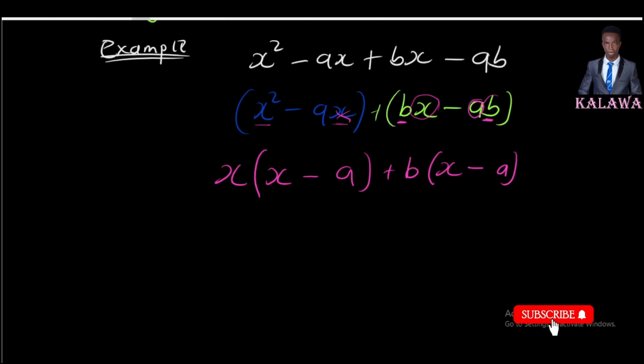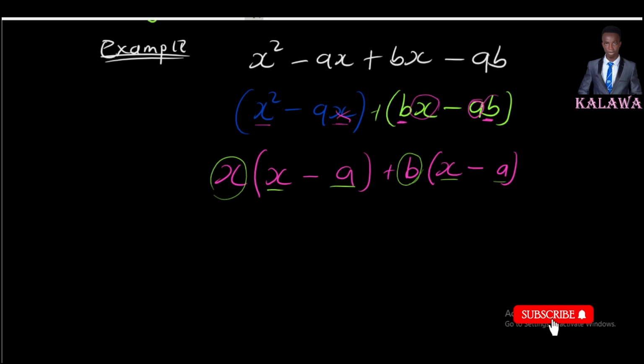What next? You can notice that in each of the separations we did, x minus a is the same in the second group with b, and in the x group we also have x minus a.